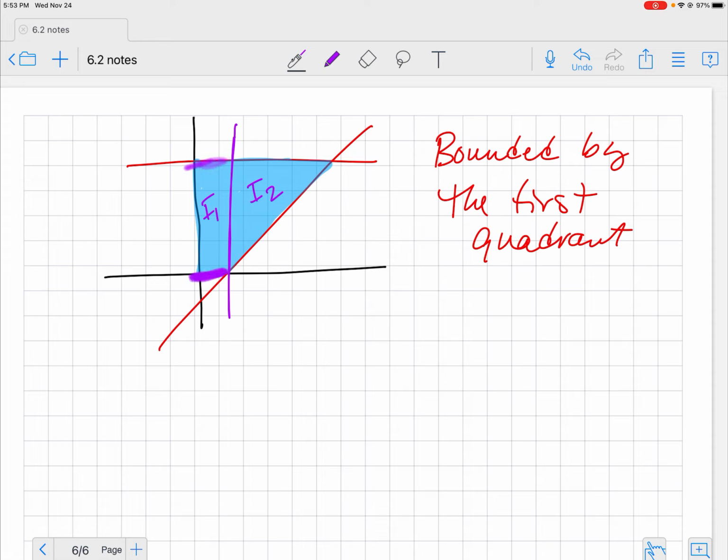I still have top minus the bottom, but my bottom in this instance right here is going to be y equals 0. And I still have the top minus the bottom, but the bottom of integral number 2 is going to be that actual function. Right? Okay, so if it's bounded by the first quadrant, don't get wigged out by that. You can still split that up like we did on that very last example, and then you can work with it. Okay.